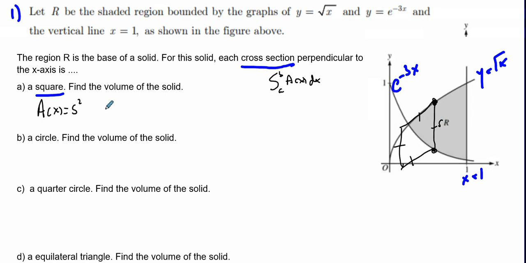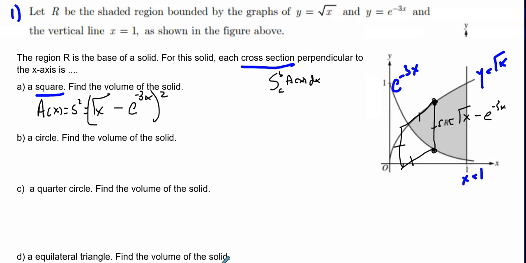So in this case, we take e to the negative 3x and subtract the square root of x from it, and we're going to square it. That is going to be our side in terms of x, squared. So s is going to equal the square root of x minus e to the negative 3x power.